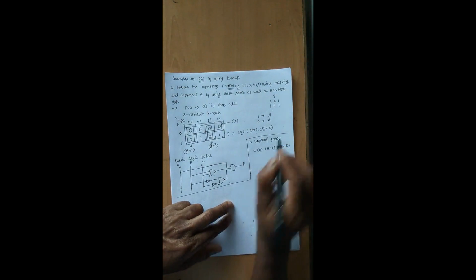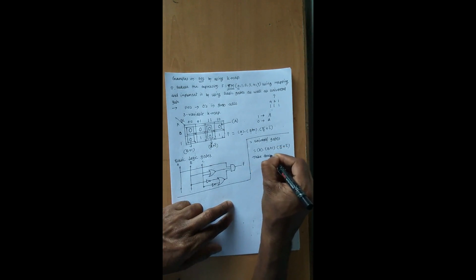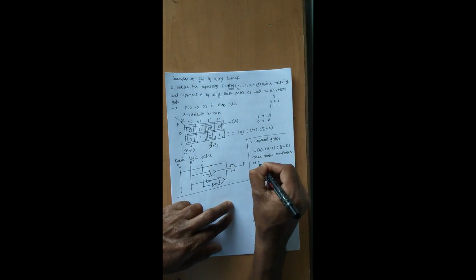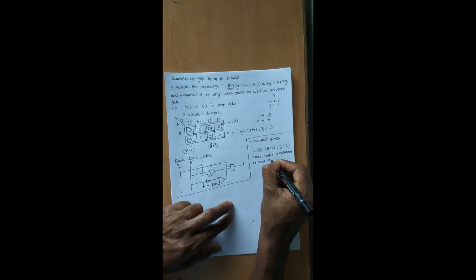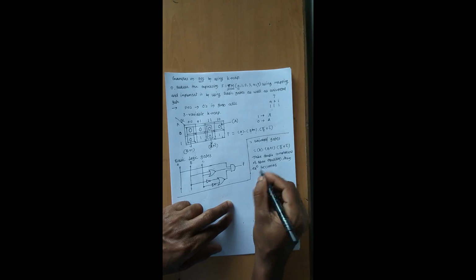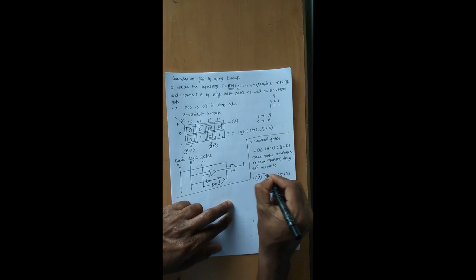To implement by the universal gates, take double complement of the above equation, then the equation becomes A, B plus C, B bar plus C bar with a double bar.